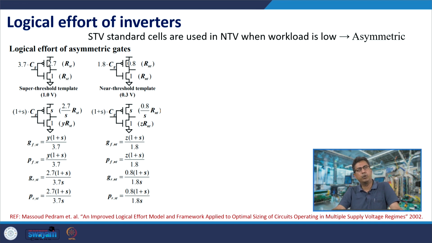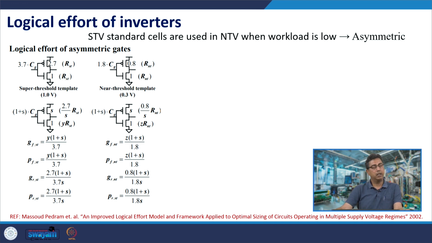In the super threshold voltage regime, the current behaves as a square law or a linear relationship with respect to terminal voltages, gate to source, body to source and drain to source voltages, whereas in the near threshold or sub threshold voltage regime, the current changes exponentially with gate to source and drain to source voltages.